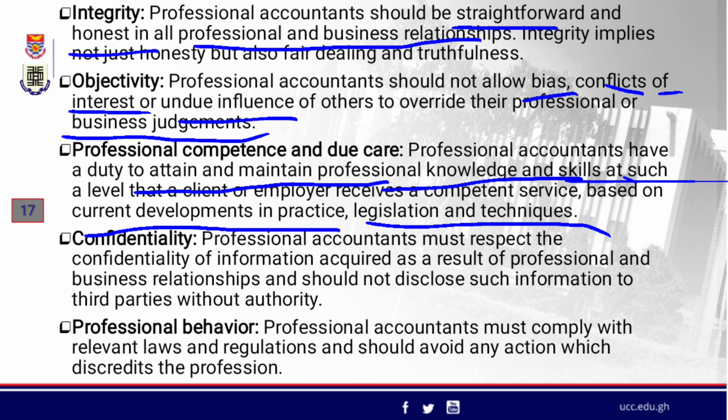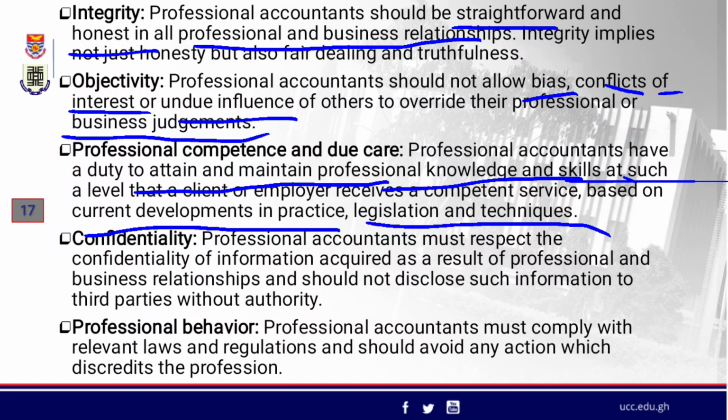As accountants, ICAG Ghana organizes CPD seminars for professional accountants, so that they come and enhance their skills and their professional skepticism.